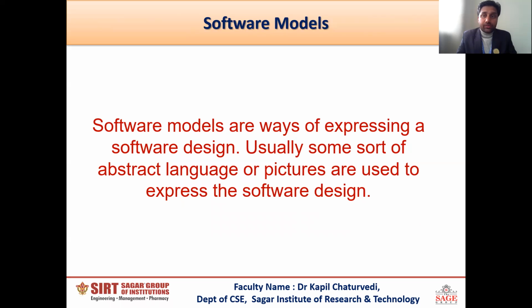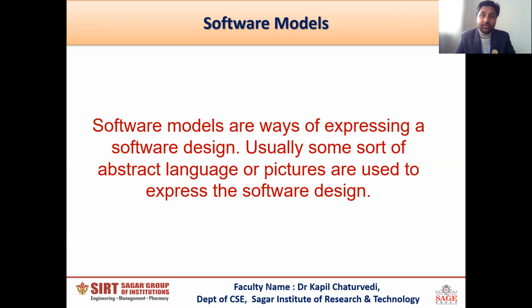Now we are coming to the software models. I'm just giving an overview of the software models in this lecture. We will discuss these models in the next classes. What is a model? As we discussed in the very first slide, the software process is a step-by-step process.